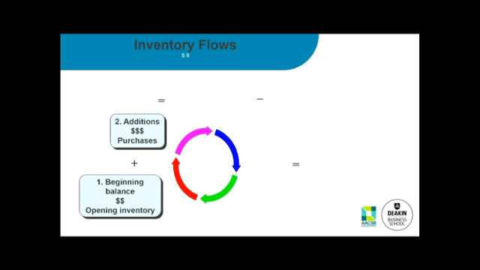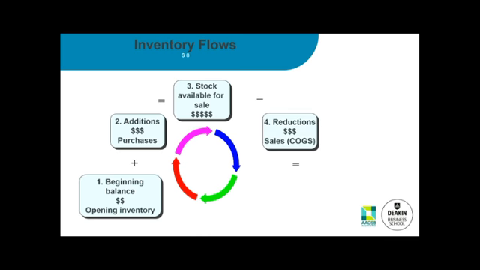So if you have this much inventory, plus you purchase this much inventory, that's how much inventory you basically have to sell, right? And then you sell some of that inventory, and whatever is left becomes your ending balance. So that's what we've been doing for now. We have opening inventory, we buy additional inventory, we debit inventory, we don't debit purchases.